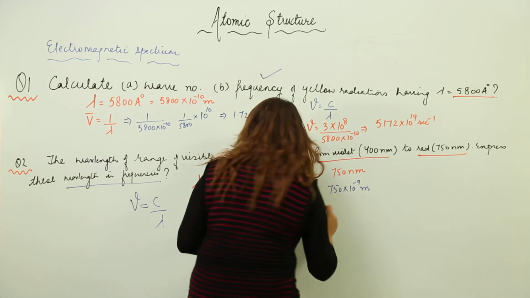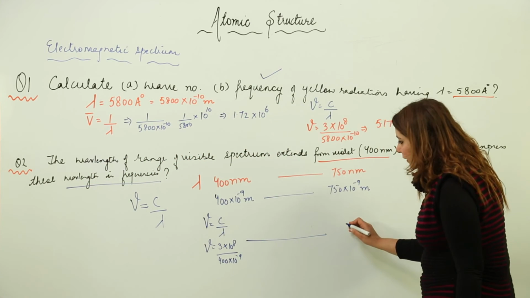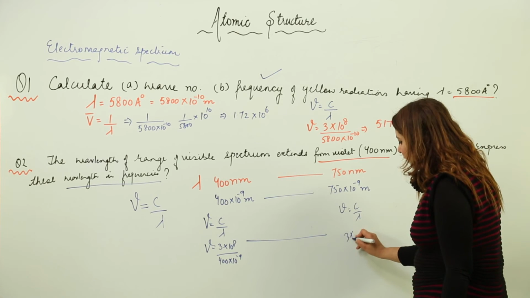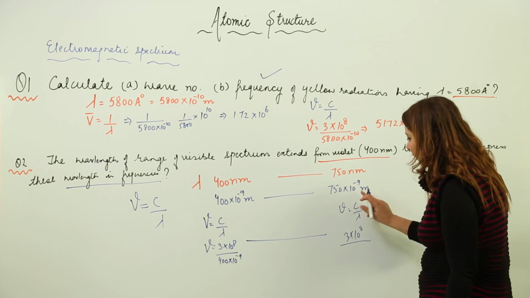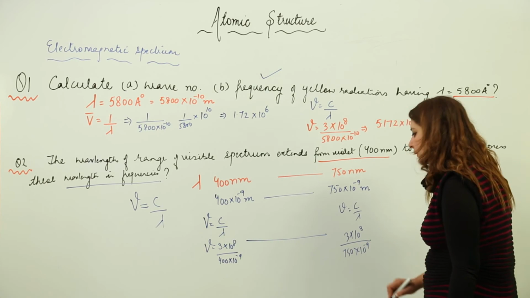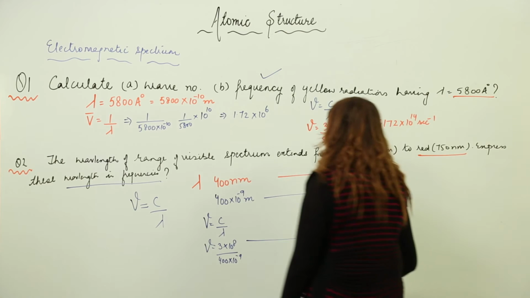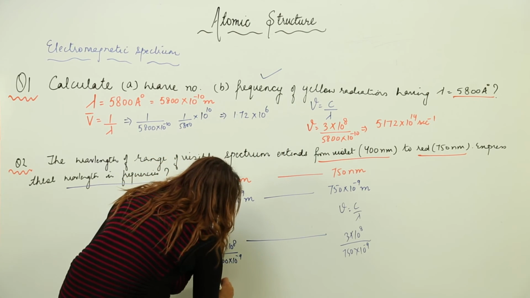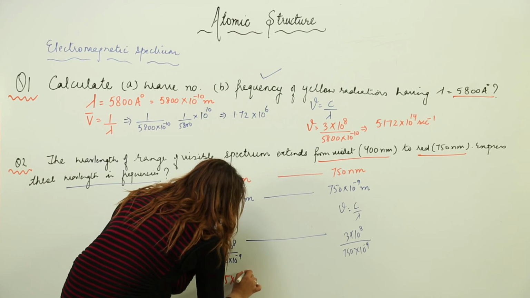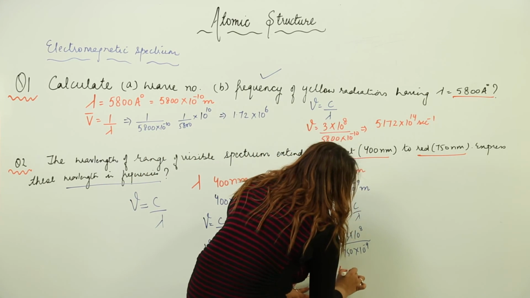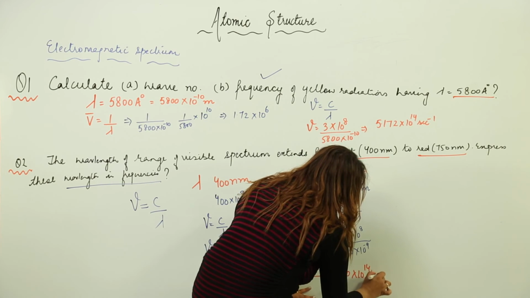Again the same relation, nu is equal to C over lambda, where C is again 3 into 10 raised to power 8 and lambda is 750 into 10 raised to power minus 9. When you solve it, you will get an answer equal to 7.5 into 10 raised to power 14 hertz extending to 4.0 into 10 raised to power 14 hertz.